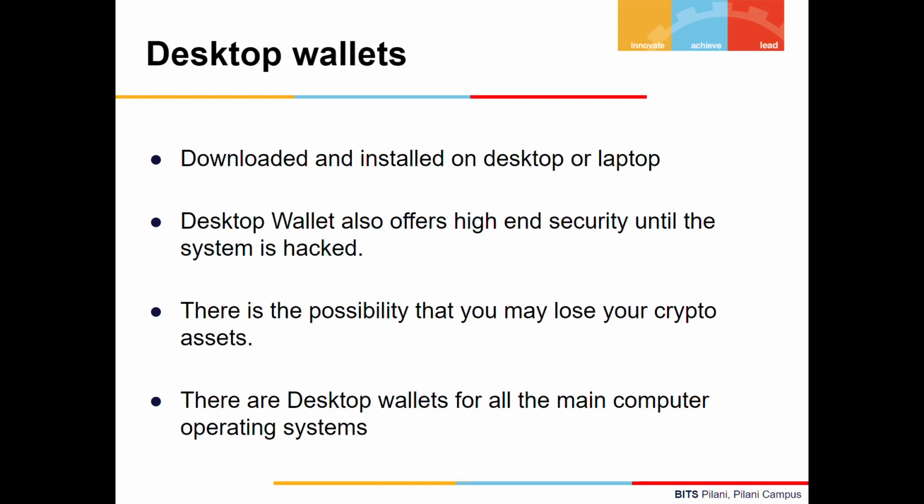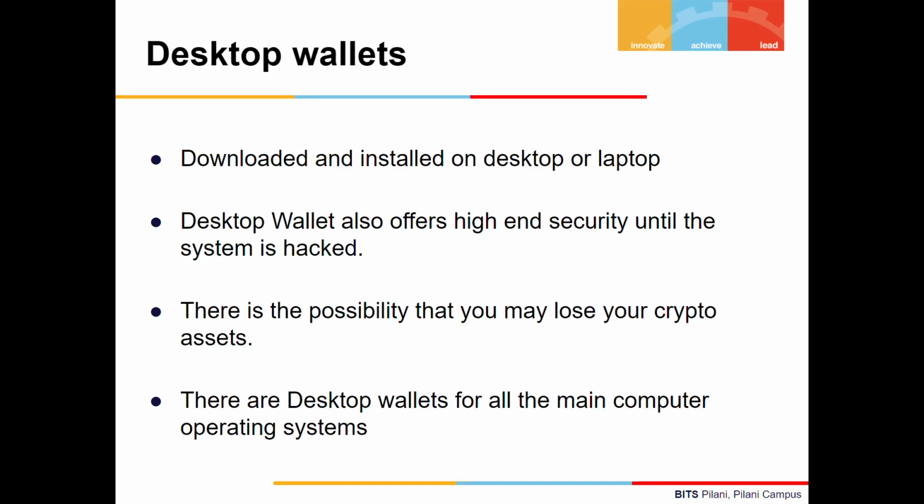Some well-known desktop wallets are Bitcoin Core, Armory, Electrum, and there are also others. There are desktop wallets for all the main computer operating systems like Windows, Apple, and Linux. A desktop wallet will usually give you the most options of things you can do with your wallet.